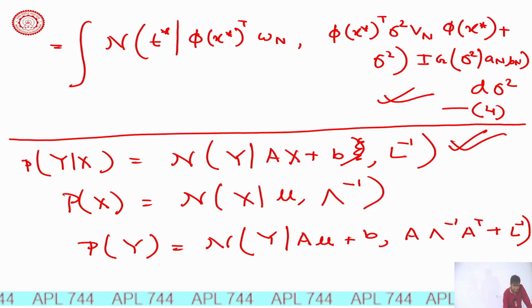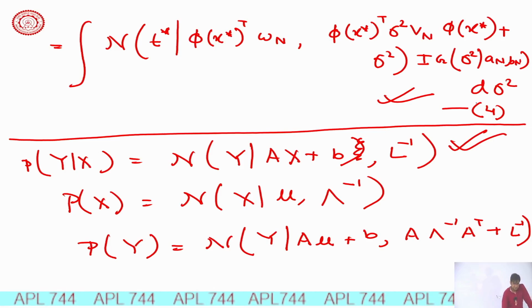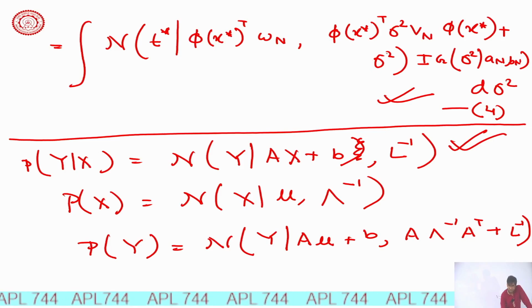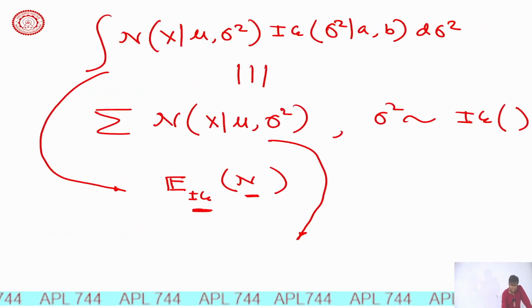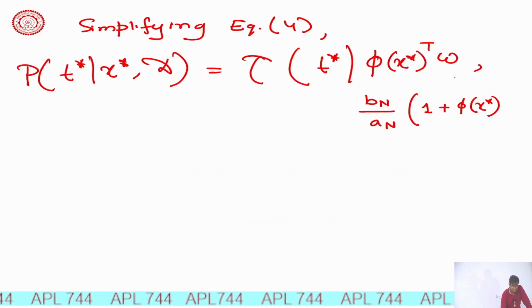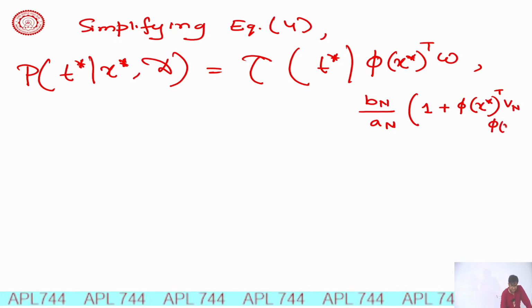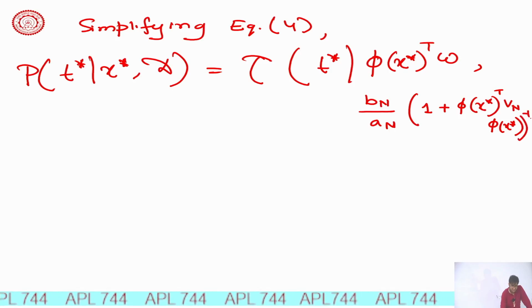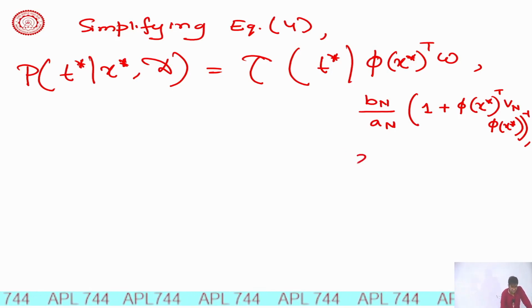What was it? I forgot. Let me see. Here it is, right? 1 will come from here. From here you will get a 1, and then phi x star transpose Vn phi x star, whole inverse. And what is the third one? 2an. Third one is easy actually.